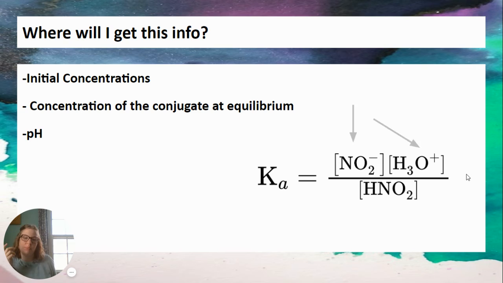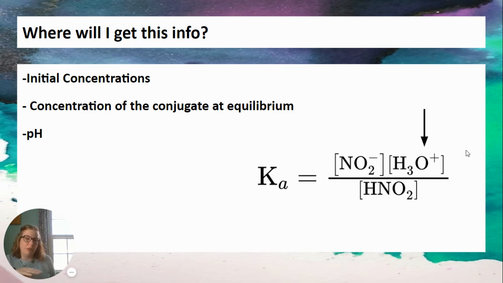The same thing happens with pH. Honestly, pH is the one that's the most work, unless we do that titration thing, which again, don't think that's going to happen. If they give you the pH of the solution, they have indirectly given you the concentration of H3O+. And remember, because of your equilibrium expression, the NO2- and the H3O+ are equal.